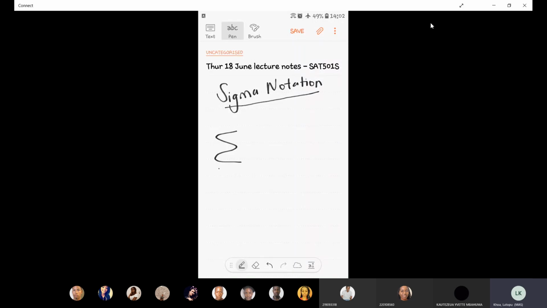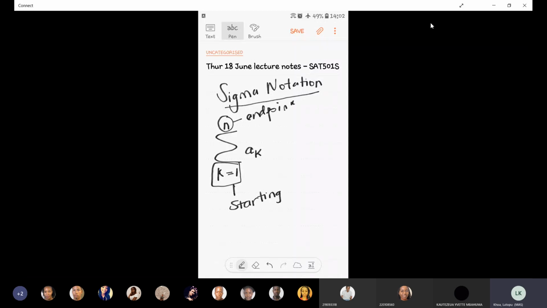So here we have k is equal to 1, and then n, and if we have something like this, a_k. Right, now this k is equal to 1 over here. This tells you your starting point. And this tells you your ending point or your end point.